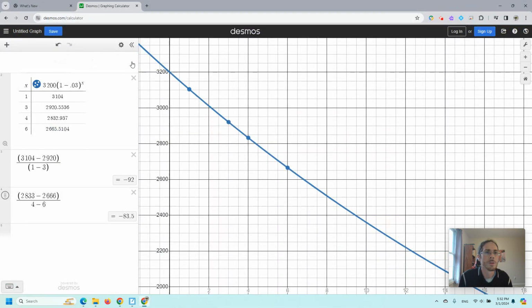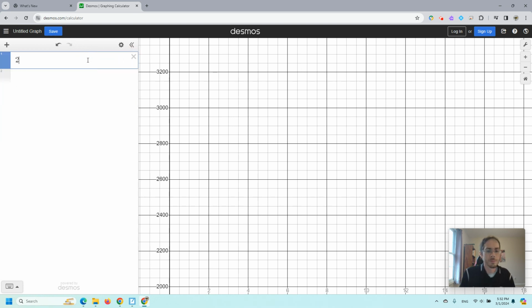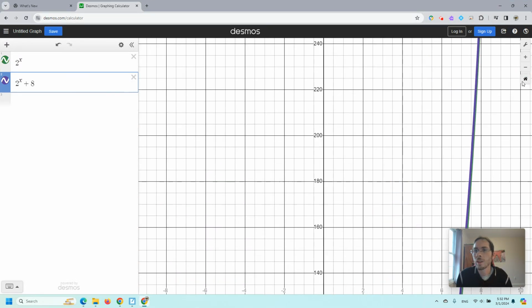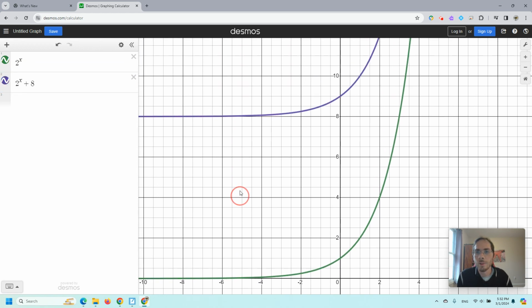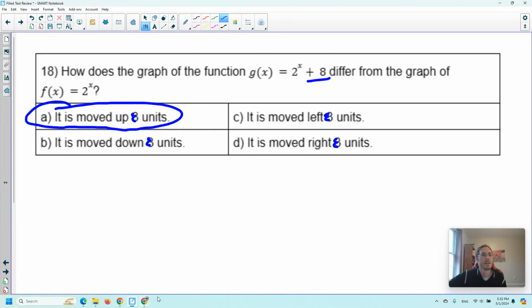So if we throw in 2 to the x, and then 2 to the x plus 8, we need to go back home because we're zoomed way out right now. We don't see the purple one, but that's because the purple one is hiding 8 above. So here we can see we're starting at 1. Now we're starting at 9. So it moved up 8. So that's the whole idea. Just know that the outside is the up and down.